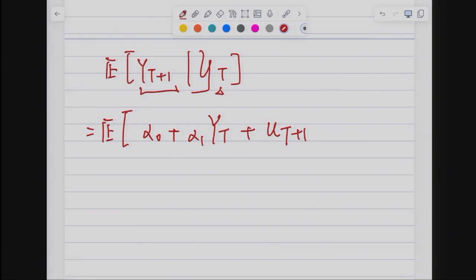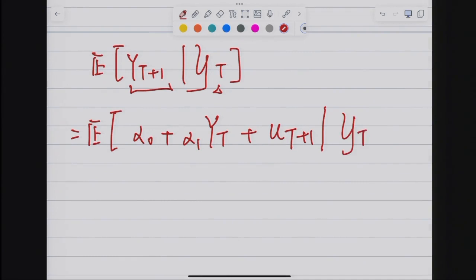You look at the AR(1) model, y_t has error term u_t. Of course, y_{T+1} has error term u_{T+1}. The shock happens at the same time period as the observation appears on the left-hand side of the equation. Okay?